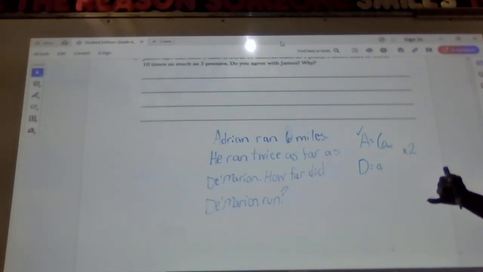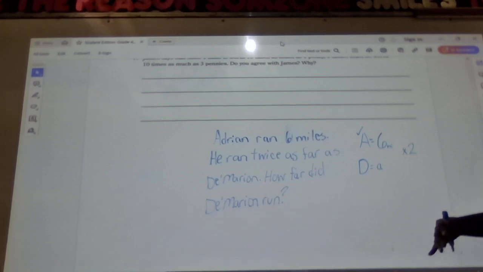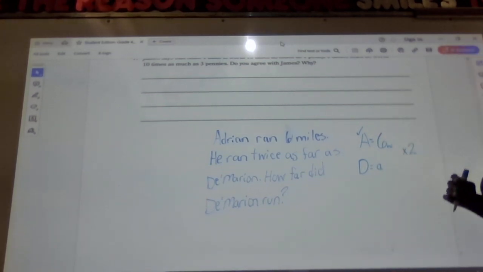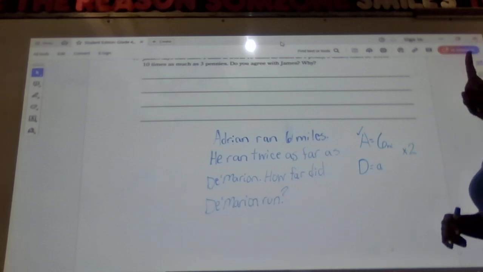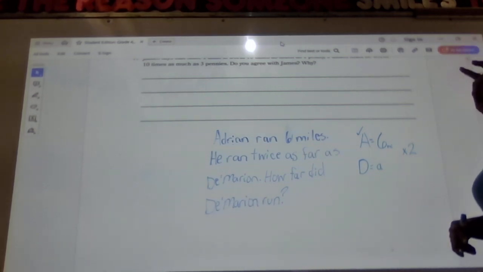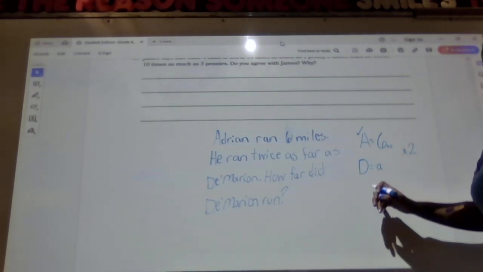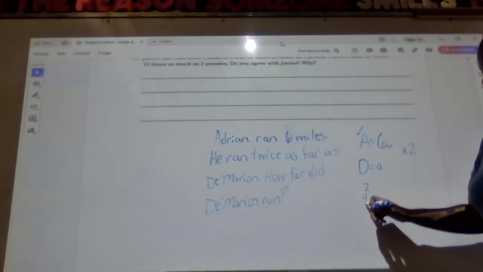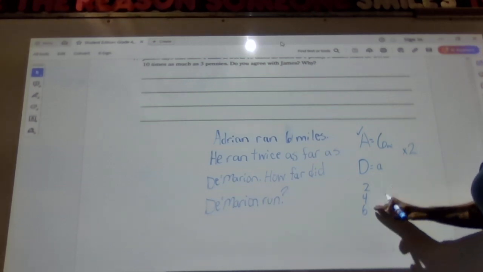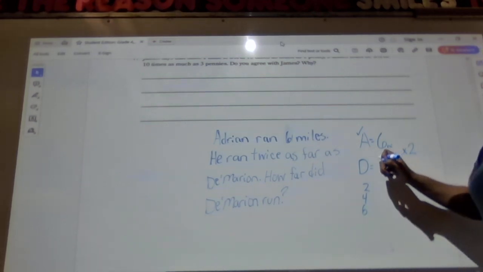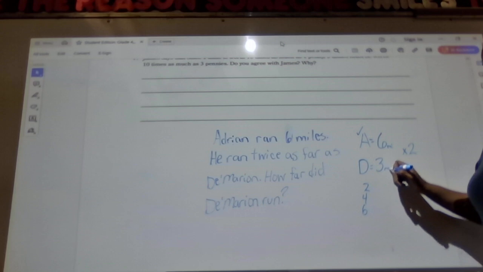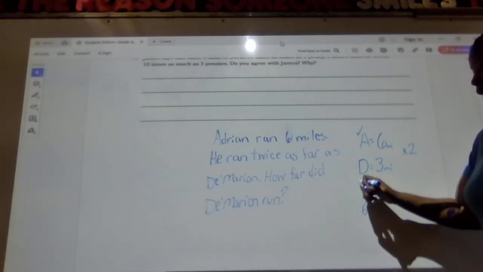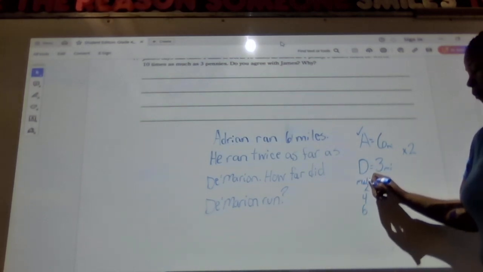In 3rd grade, they use skip count. 4th grade on up, we're introducing them to the word multiples. So we'll do 2, 4, 6. So that's 1, 2, 3. That lets us know that Demarion ran 3 miles. So that's one strategy, and that's the multiples.